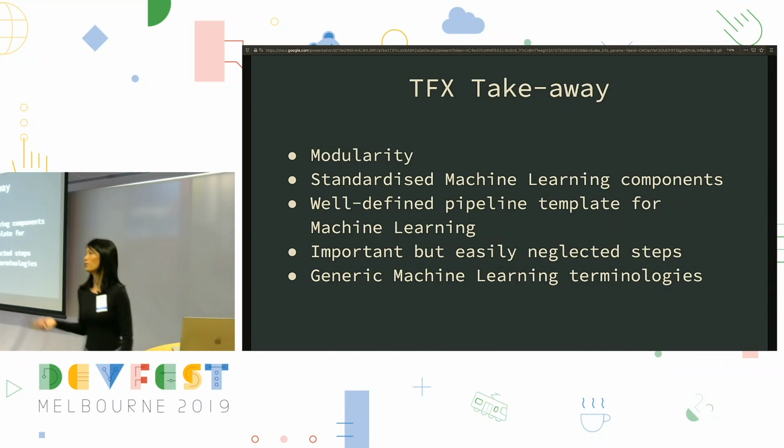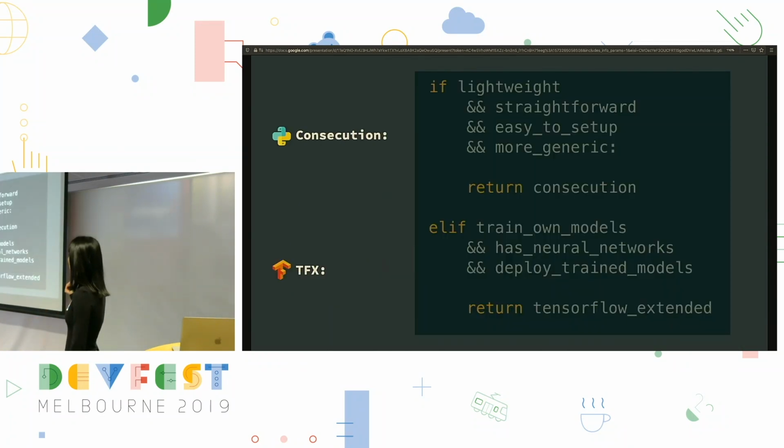To conclude, I have some different use cases for the two example frameworks that I have been discussing in the presentation. If you are after something lightweight and straightforward, easy to get up and running, and a little more generic, then maybe a lightweight library like Consecution is the preferred choice.